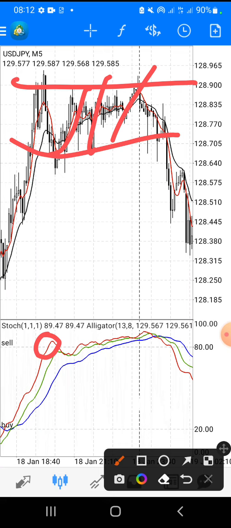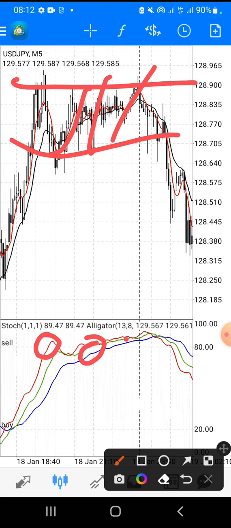Once you have that red line in your sell zone, stop all your buy trading and start looking for sell opportunities. The sell opportunity will be presented the second the green line reaches our 80. And when the green line reaches our 80, we're going to look for a crossover.